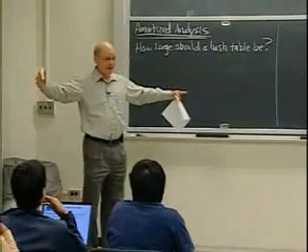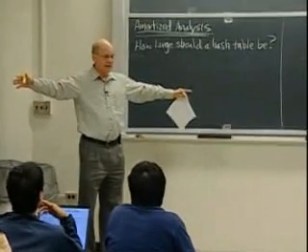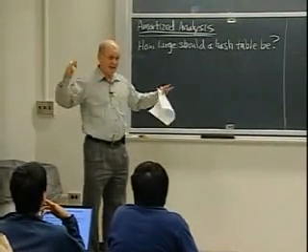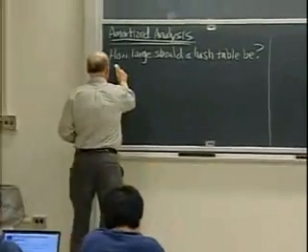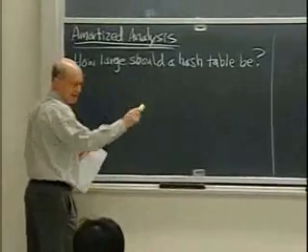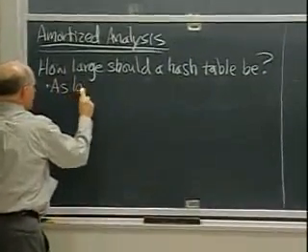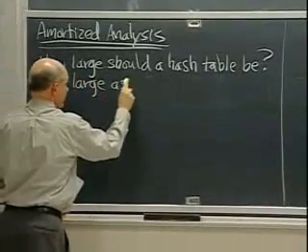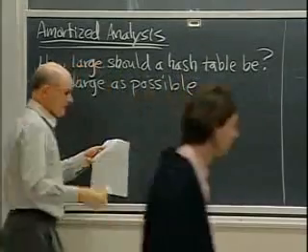The bigger I make it, in fact, if I make it sufficiently large, then I essentially get a direct access table and everything's worst case order one time. So in some sense, we'll get back to your answer in a minute. We should make it as large as possible, so that the searching is cheap.